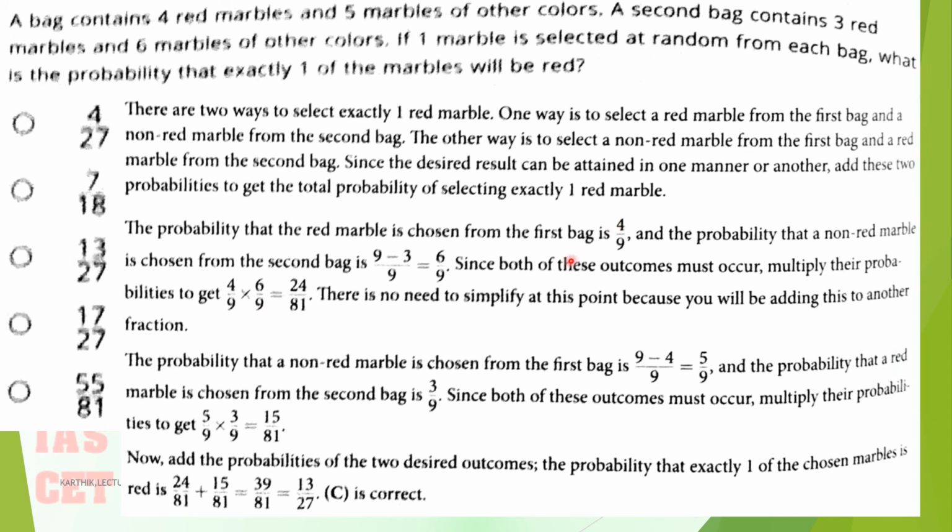First combination: you are taking a red marble from the first bag, not from the second bag. Second combination: you are picking a red marble from the second bag, not from the first bag. Like this.